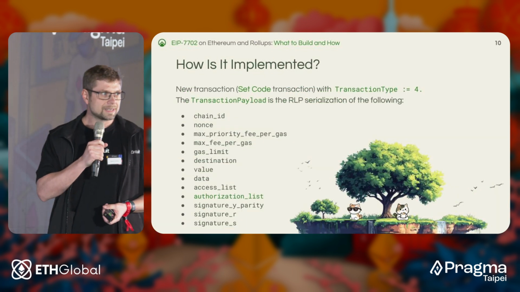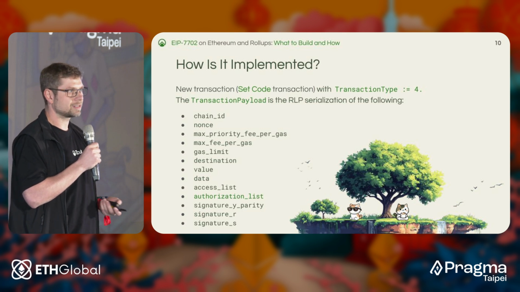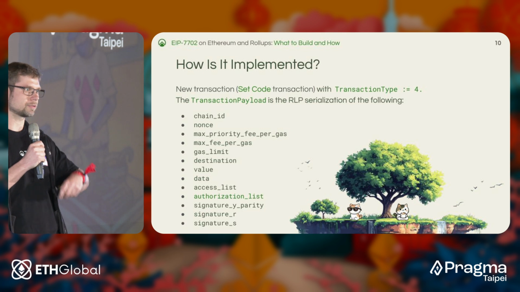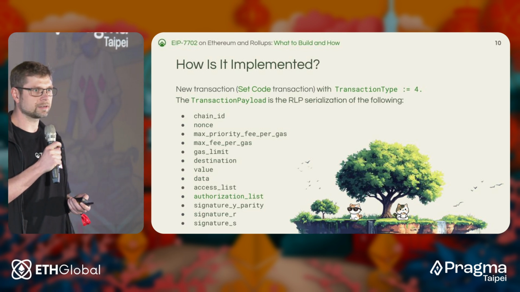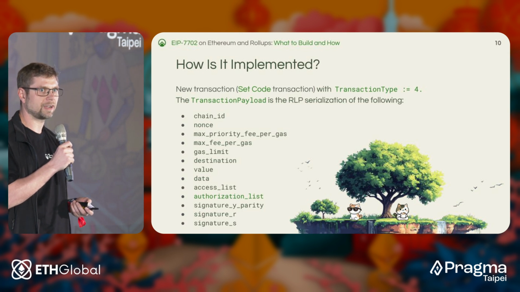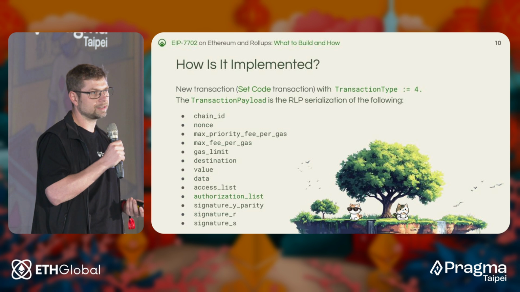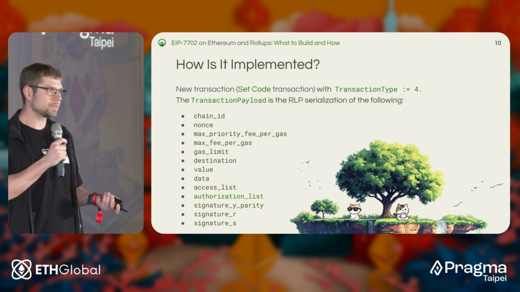How it is implemented, well, it introduces a new transaction type. The transaction type for this transaction will be 4. Transaction type 1, those are the regular transactions that we always had on Ethereum. Type 2 came with the London fork with EIP 1559 that separates the gas configuration into priority fees and base fees. Then type 3 transactions, those are the blob transactions.